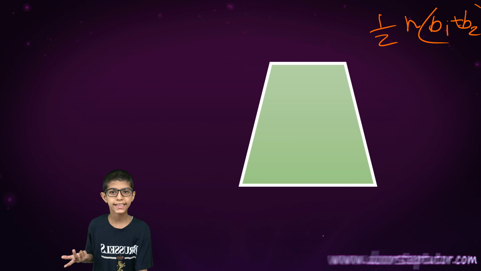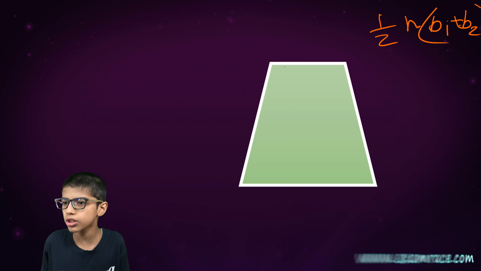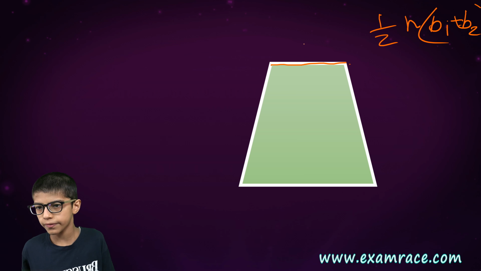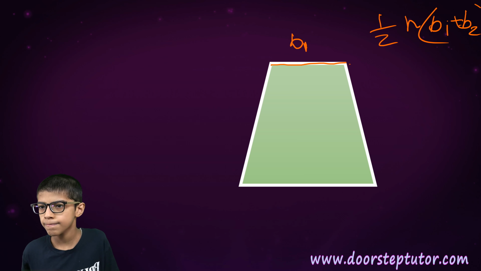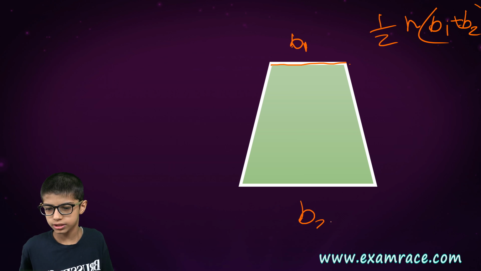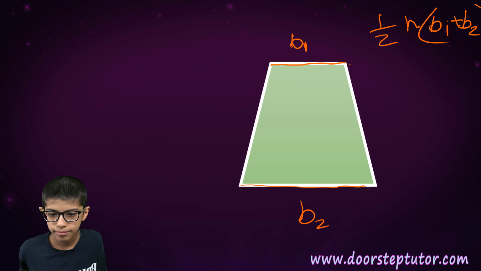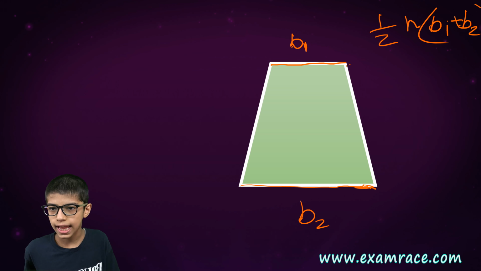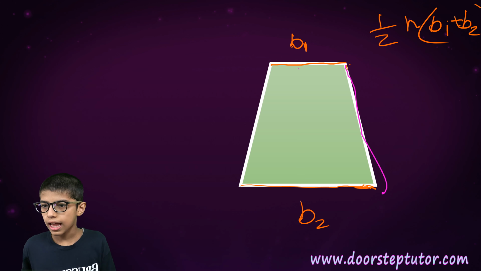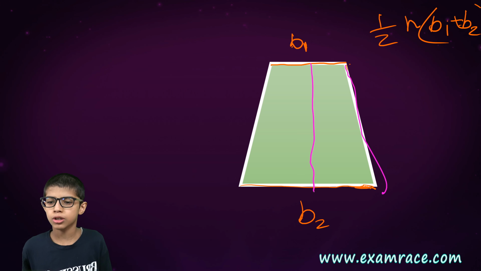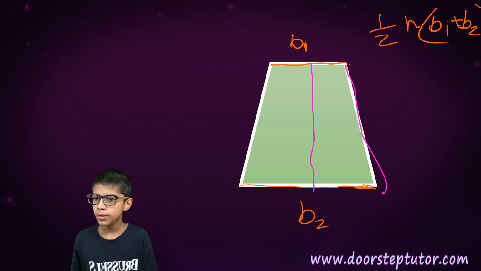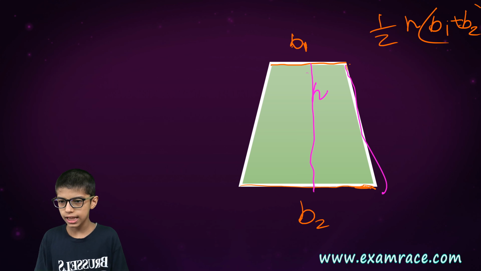What is the height? Yes, so the base 1 is the upper side. The base 2 is the lower side. What is the height? Height is not this line. Height is perpendicular to base 1 and base 2. Therefore, this is the height.